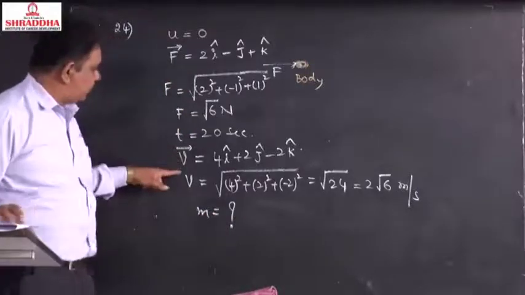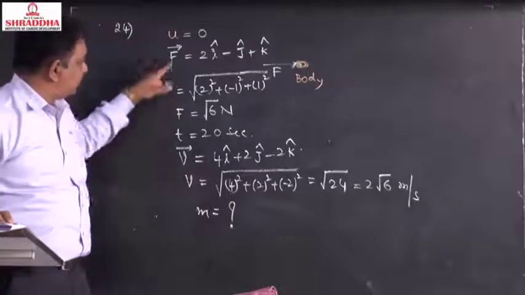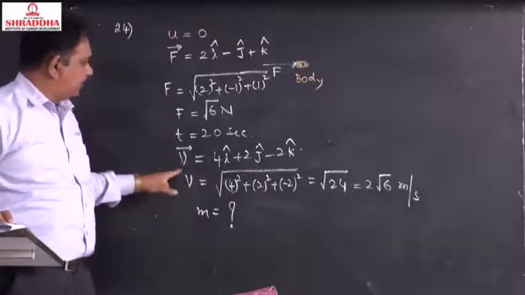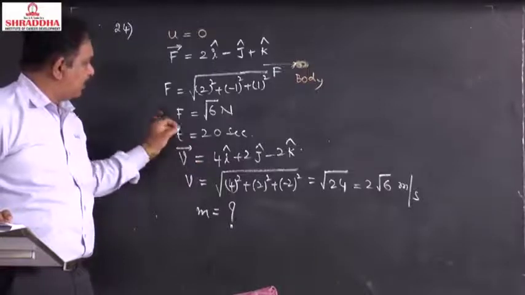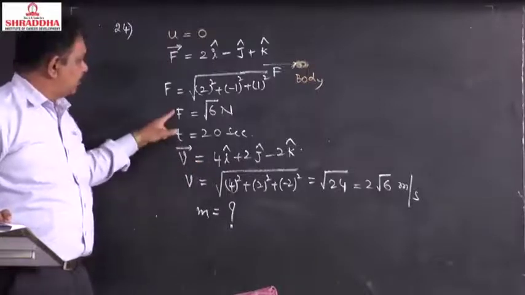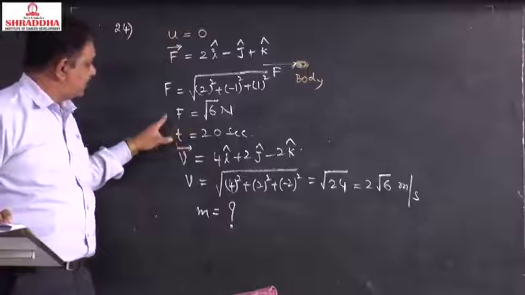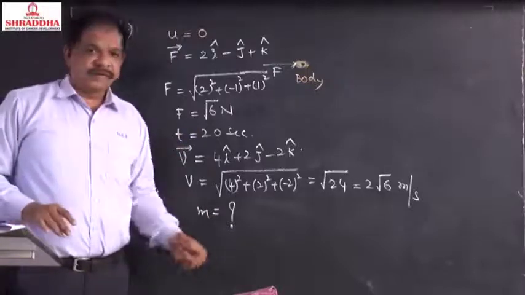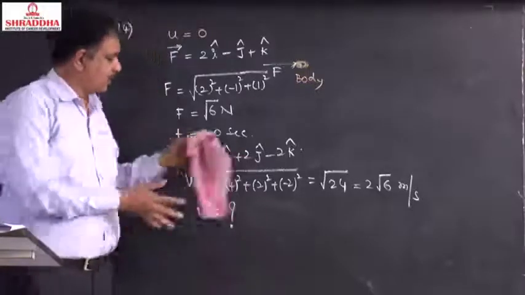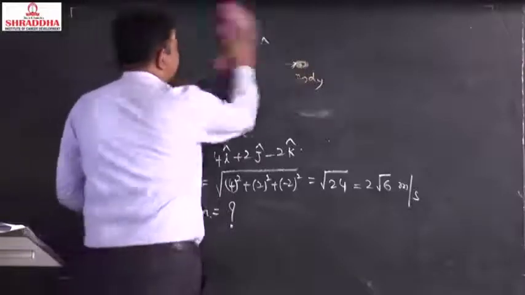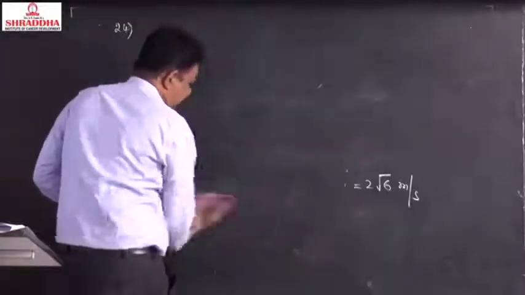So first we will find v is equal to u plus at. From that we will find what is the acceleration. Using F and acceleration we can find mass of the body. Clear? Already equations of motion you know.